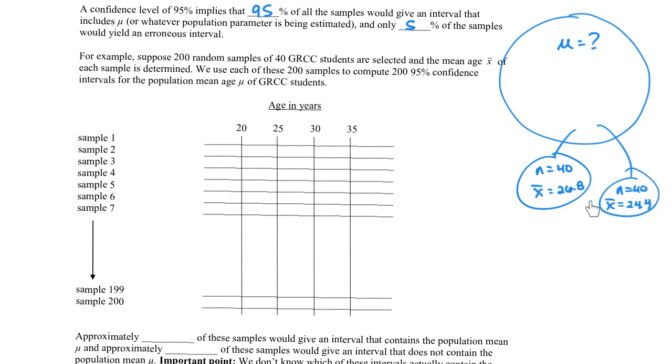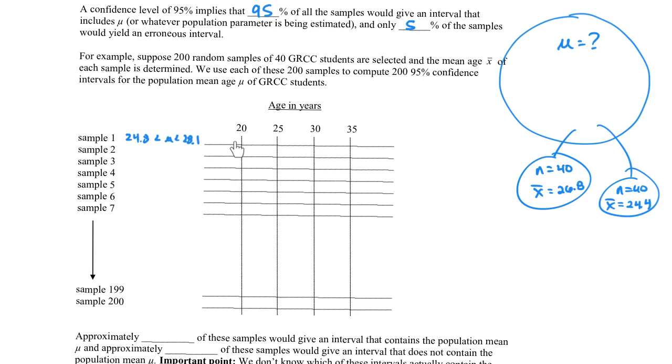And every time we create a confidence interval, it's going to be based on this sample mean. So these are going to give different confidence intervals for each sample. So let's say using sample 1, we create a confidence interval. We get 24.8 less than the mean, which is less than 28.1.